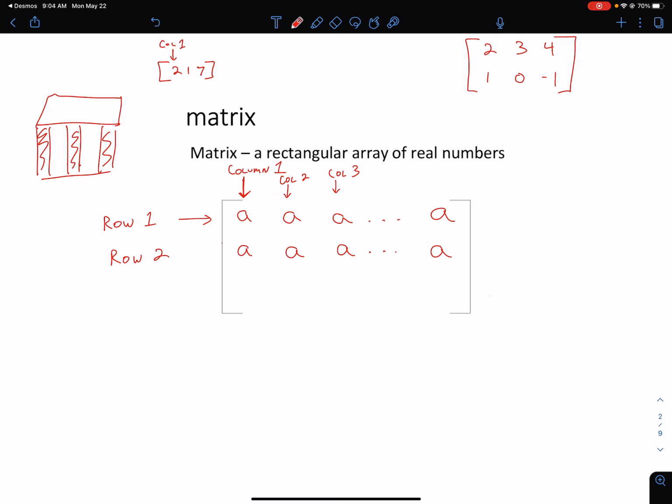We usually write the row first. So this is row 1, and we write it in subscript, and it's column 1. So that would be A11. Then this element would be row 1, column 2. And this would be row 1, column 3. This one would be in row 1, but we're going to call this column N because it's the final one. We don't know how many are in between because I'm just writing a general matrix. So this would be column N.